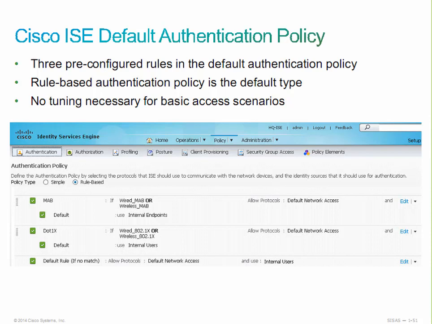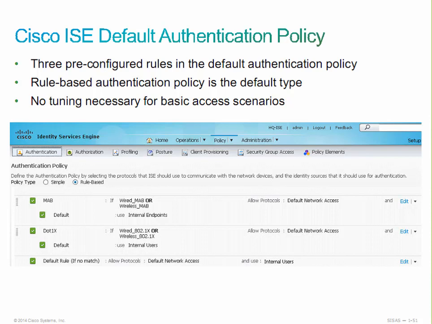The authentication policy defines the protocols that ISE is going to use to communicate with the network devices, the identity sources that need to be used for authentication, and then whatever conditions need to exist in order to obtain some sort of result, whatever that result might be. Whether we're going to authenticate you, we're not going to authenticate you, and so on.